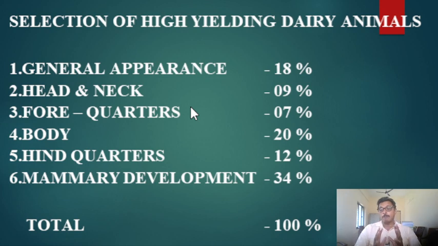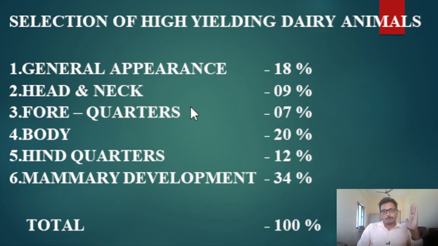The mammary development, which is a very essential thing in dairy technology, has a weightage of 34%. In total, in the individual selection, we have 100% weightage for these 6 characters. Now, we have to discuss them one by one.